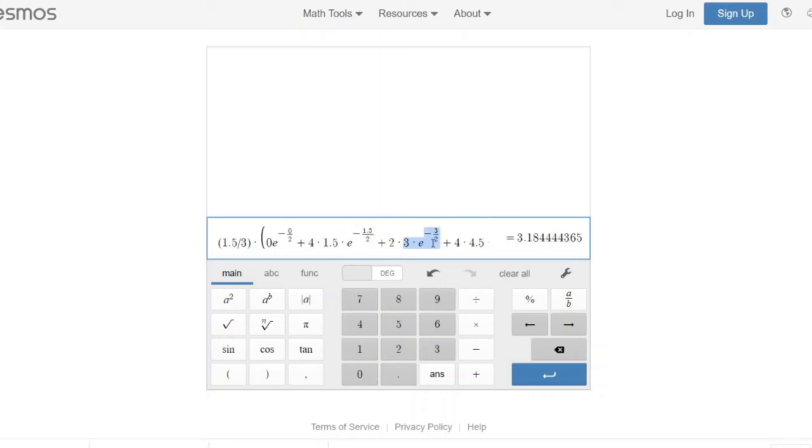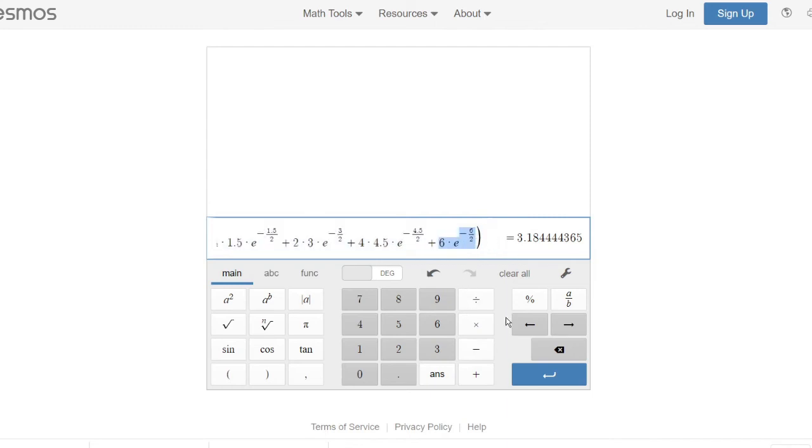Now the highlighted term is the value of the function at 3. There's a factor of 2 involved in here. And you keep on going. That's 4 times the value of the function at 4.5. And then the last term is the value of the function at 6.